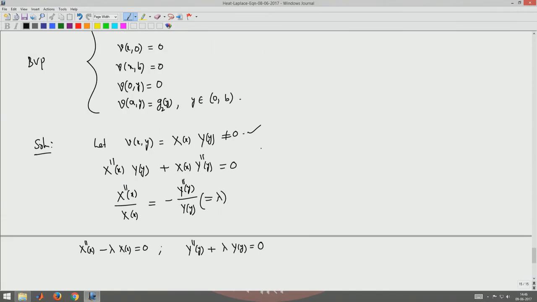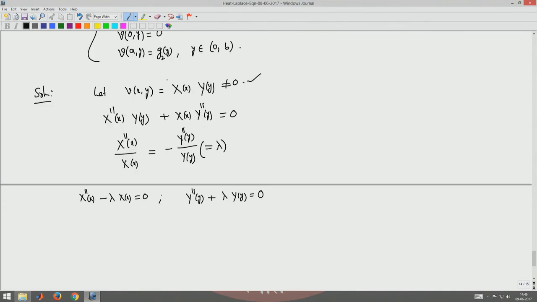Okay. Now if you apply these 0 boundary conditions, boundary conditions 1 and 2, 1 will give me v at (x, 0) is X of x, Y of 0 is 0, which implies Y of 0 is 0, because X of x cannot be 0, it is a function.